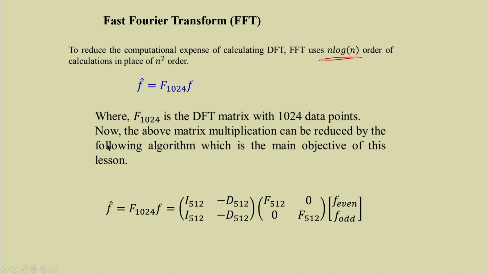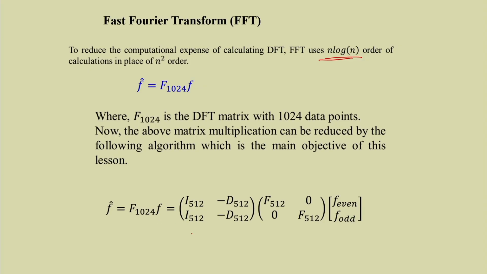Now the above matrix multiplication can be reduced by the following algorithm, which is the main objective of this FFT. So, this matrix can be rearranged using odd and even, if we are separating them as the odd numbers and even numbers. So, this F 1024 can be written in this form, so 512 odd will be there and 512 even will be there.